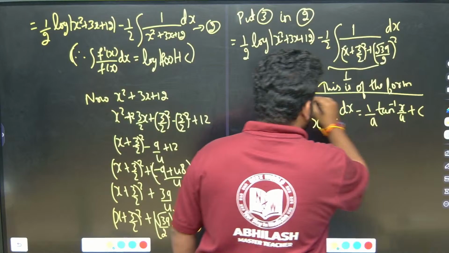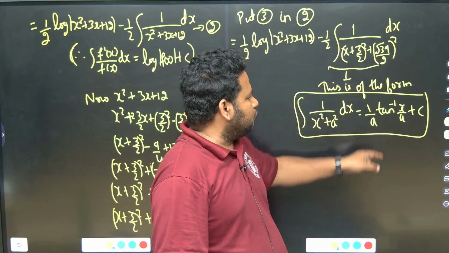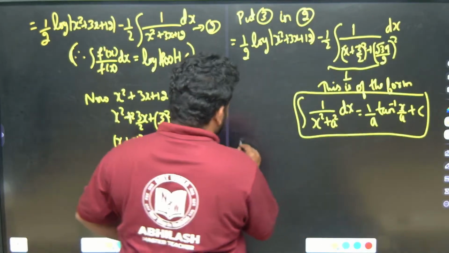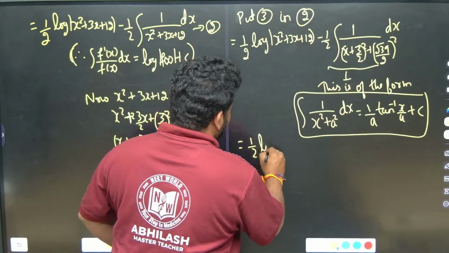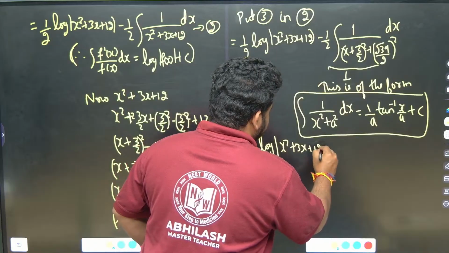So here a is root 39 by 2, and x is nothing but x plus 3 by 2. So eventually this will become 1 by 2 into log of x square plus 3x plus 12 within modulus.